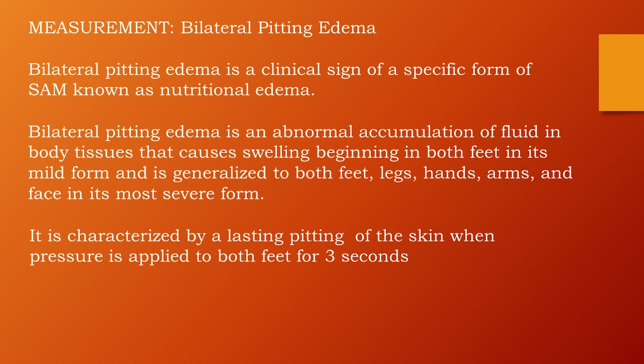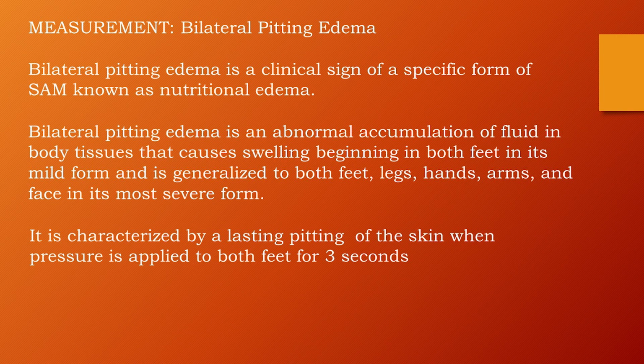Unilateral edema can be because of other illnesses which can occur in this particular age group, maybe related to the kidney, liver or heart, but you have to differentiate these things, and that is why I said this measurement is not just pitting edema, it is bilateral pitting edema. This is very important.